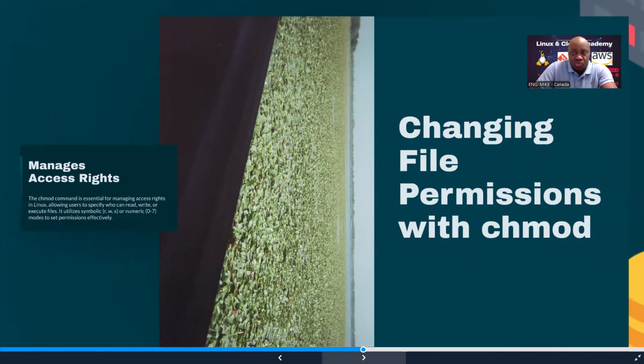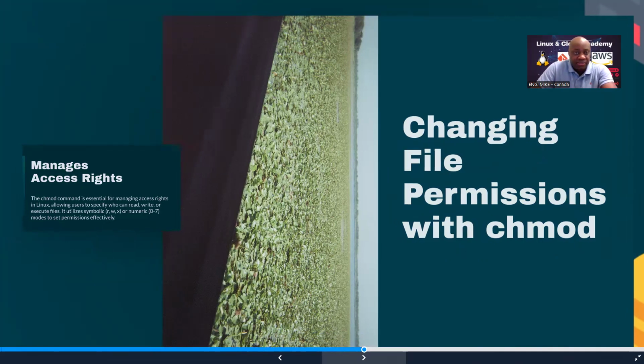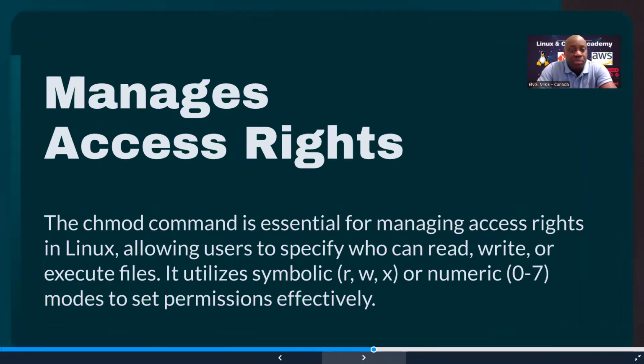So, managing access rights: changing file permissions with the chmod command. Let's see what the chmod command is. So the chmod, that's how we pronounce it, okay? chmod. The chmod command is essential for managing access rights in Linux, allowing users to specify who can read, write, or execute a file.